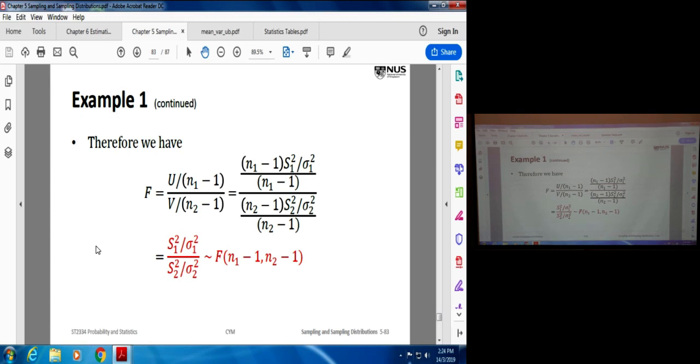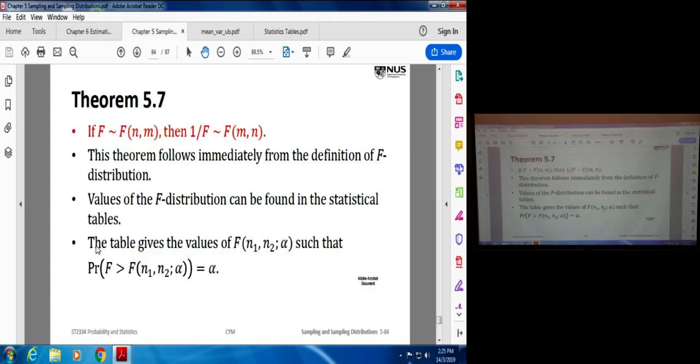And again, the significance of this statistic is that it is used as a test for equality of variances of two different samples of different sample sizes. We're going to see that in the next chapter, I think.